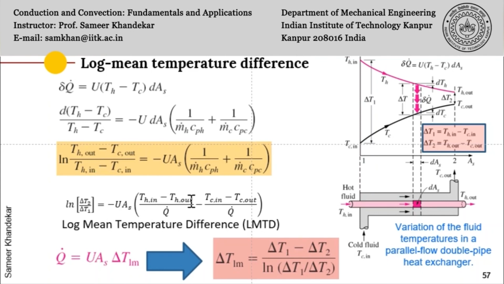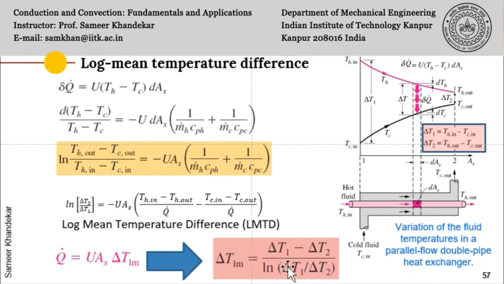The inlet temperature difference divided by Q dot, minus the outlet temperature difference divided by Q dot. So immediately you can rearrange this equation and compare it with Q dot equal to UA delta Tm, where the delta Tm definition is now equal to delta T1 minus delta T2 divided by ln of delta T1 divided by delta T2.